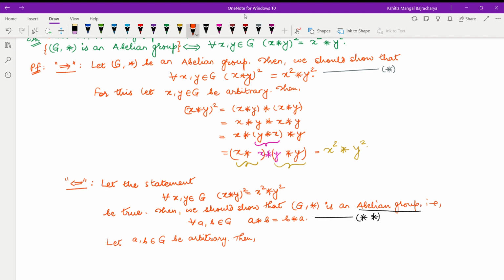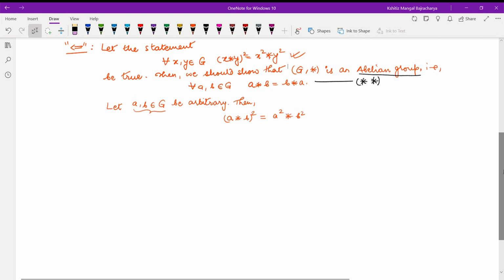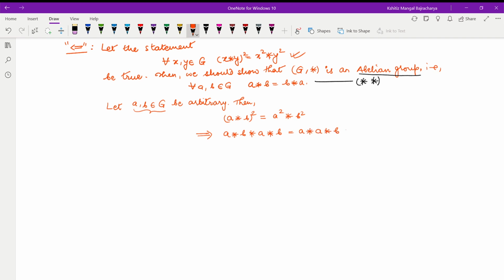As per the given condition, (a star b) whole squared will be equal to a squared star b squared, because a and b are elements of G, so this condition should hold. Now let's see. This should imply a star b star a star b is equal to a star a star b star b. I've removed the parentheses already. Now let's see.